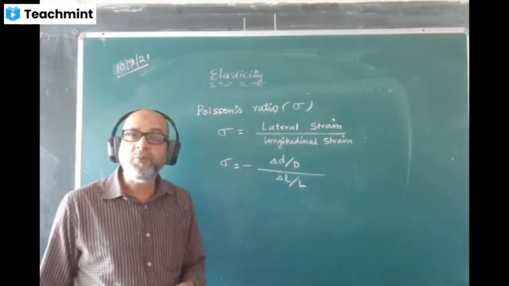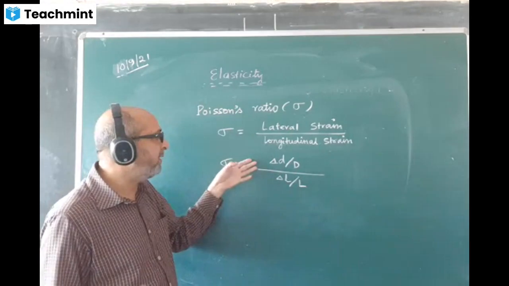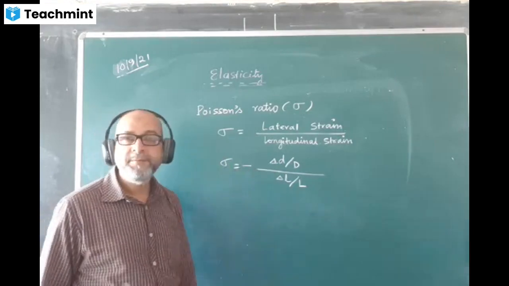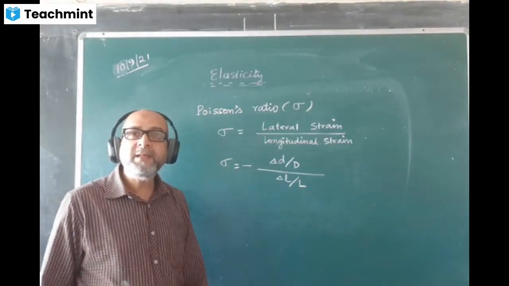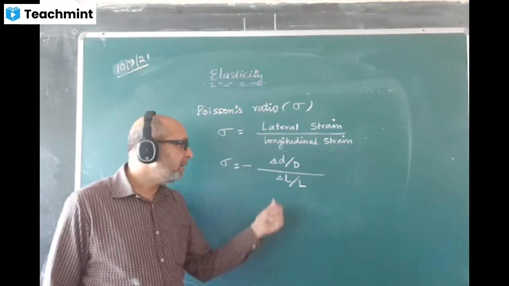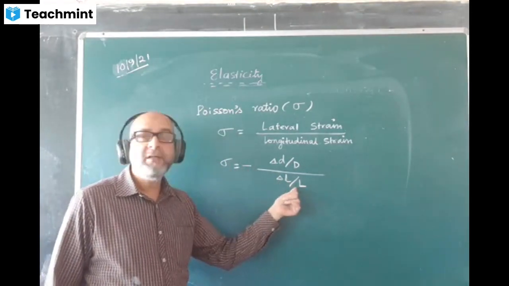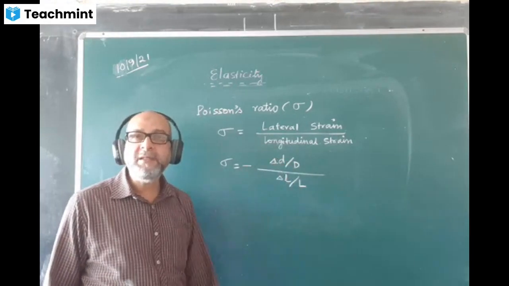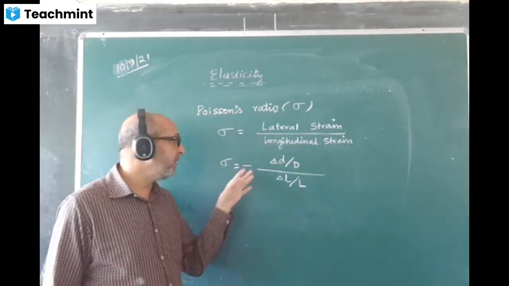It has to be a positive quantity. How can we have answer positive? This thing has to be negative because negative will become positive. So minus sign signifies that the increase in the length causes decrease in the diameter. For that reason, we are giving a minus sign.